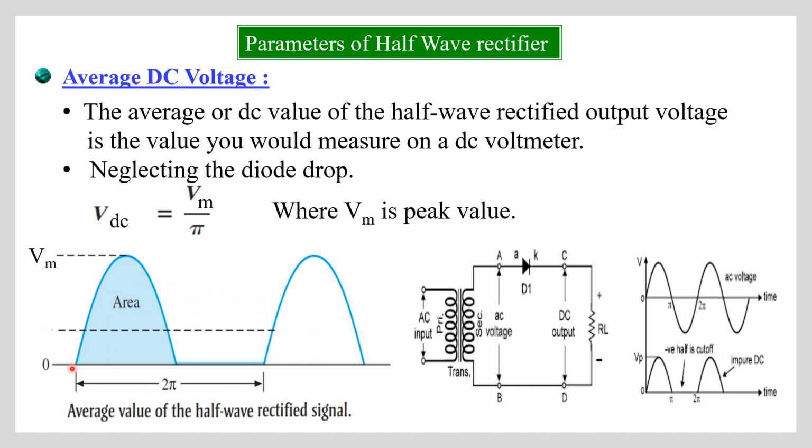So we only get the waveform for the half cycle, from 0 to pi. By integrating the area under the curve we get VDC equals Vm by pi, where Vm is the peak value of the secondary. So this is the average DC voltage of the half wave rectifier, that is VDC equals Vm upon pi or Vp upon pi.